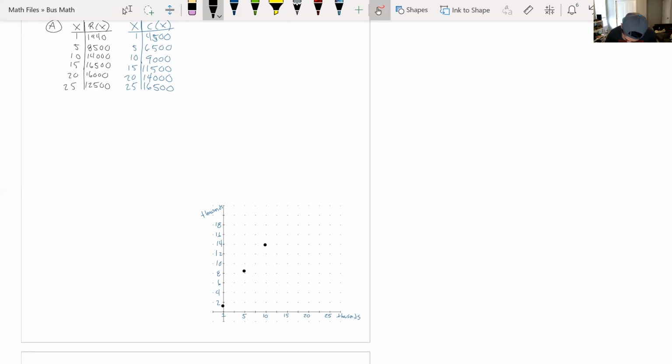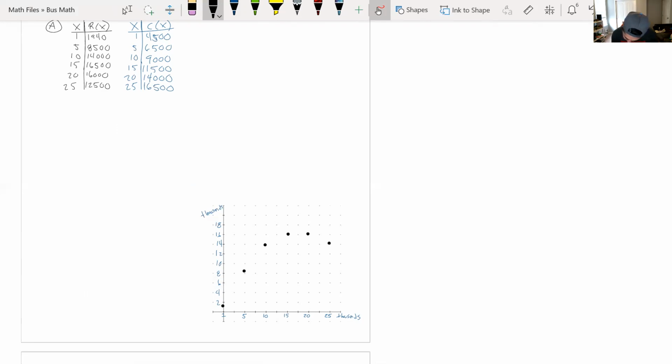15 and 16,500, somewhere around there, maybe a little higher. 20 and 16,000, right on the money. And then 25 and 12,500, somewhere around there.